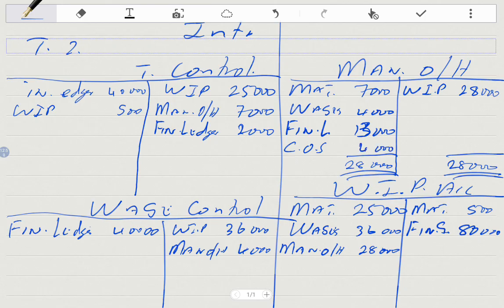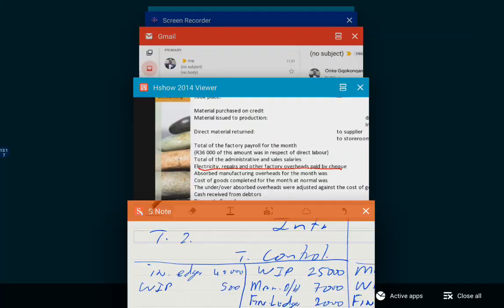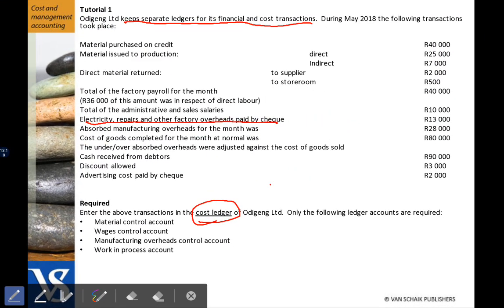Remember, we said that the minute you debit your manufacturing overheads and you credit your cost of sales, that indicates that you have an over allocated amount. So this is an over allocated amount, that 4,000. So we dealt with that. We don't need to open a cost of sales. And again, cost of sales, remember, is part of your cost accounts. Hence our corresponding entry there was a cost of sales, not financial ledger accounts.